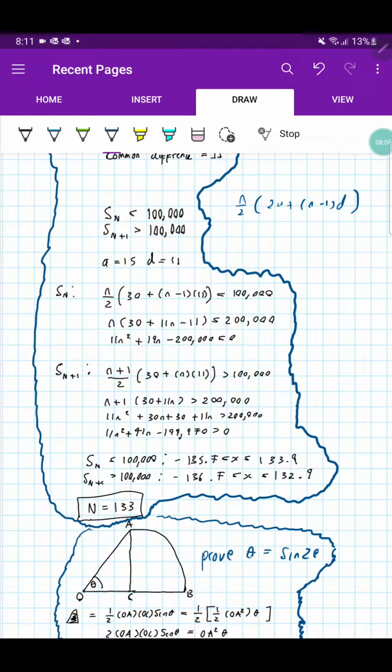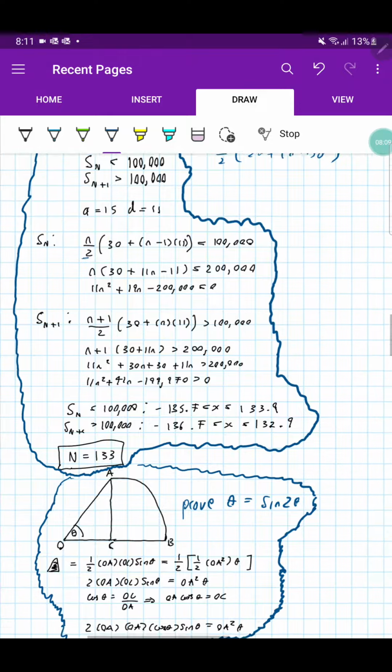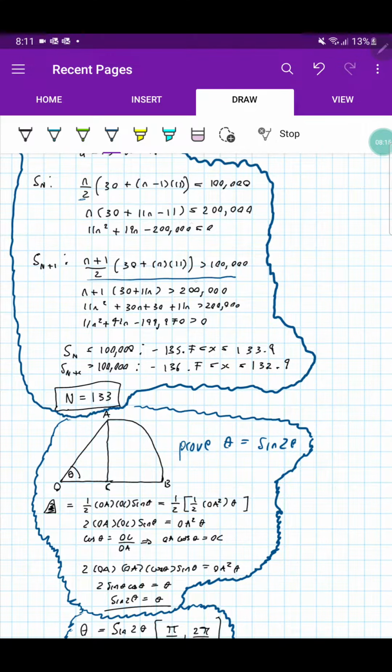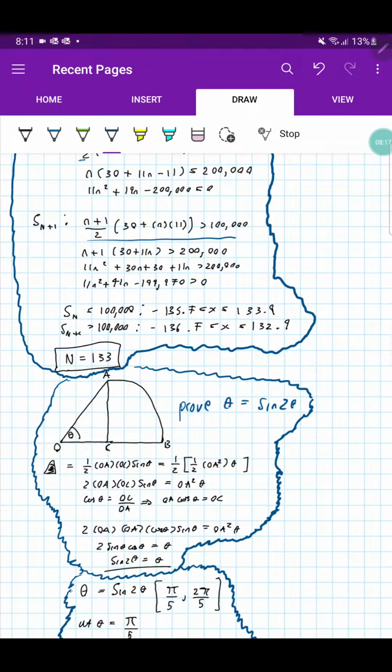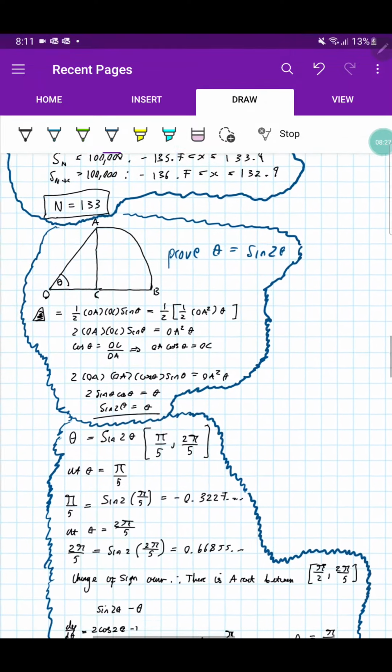We multiply by 2 to get rid of the fraction. After we simplify everything, we do the same with this equation. We solve both these inequalities to get these two ranges, and then we need to find a number that satisfies both of these inequalities, which is 133.